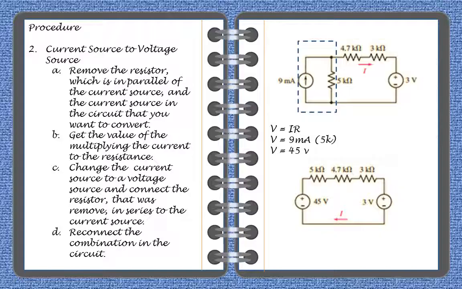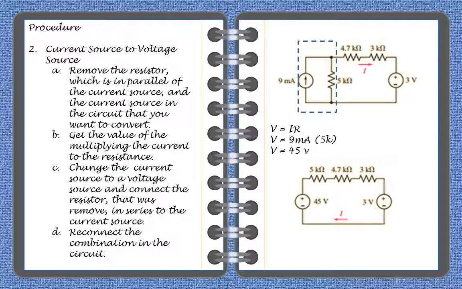Now why must we learn this technique? Well, in real life, components are not always available in the market. For example, if you want to use a current source, but in the market the current source is not available, you need to change something in the circuit, but the circuit will remain as it should.